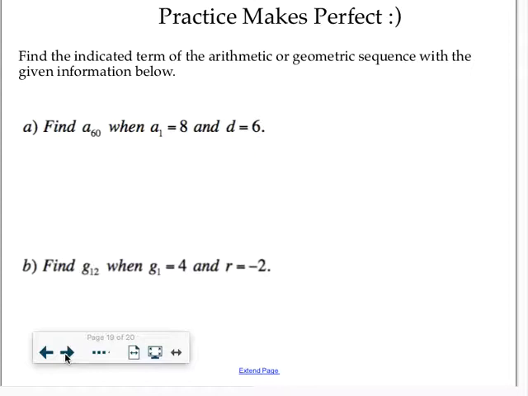Do you need to take this with you? Thank you. Have a good weekend.